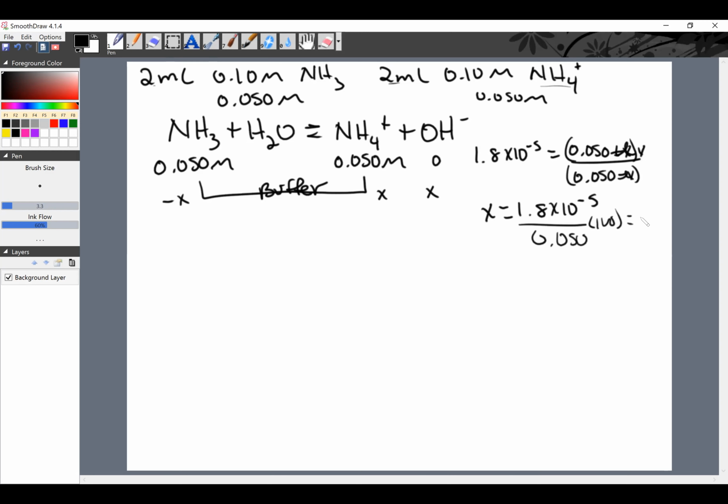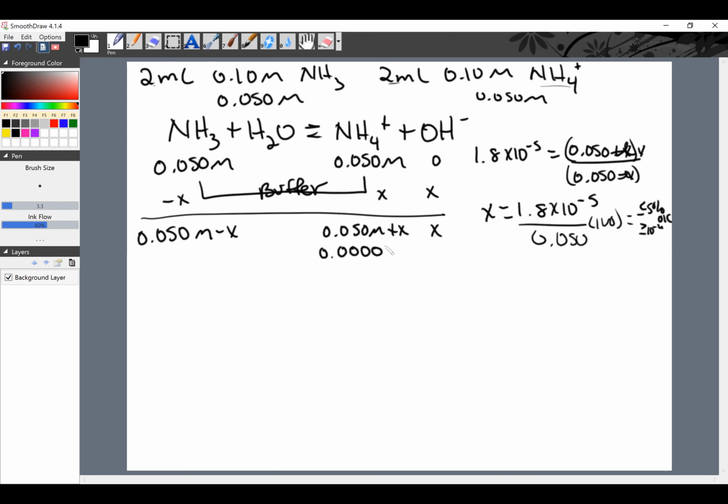And it's very valid. Okay, remember, this is just X. This is not the only part because the ammonia is 0.05 molar minus X, and the ammonium is 0.050 molar plus X. So I need to add 0.123418.